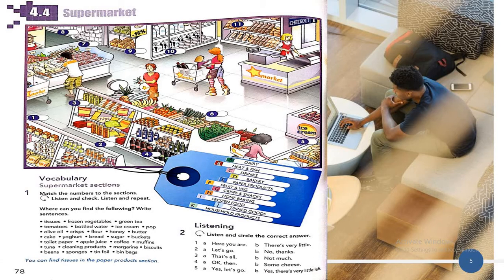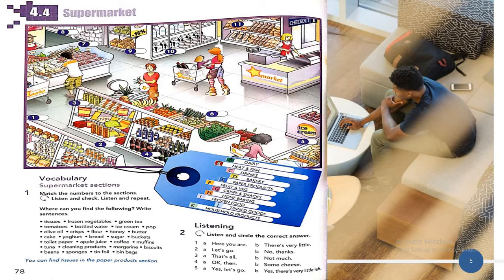Okay, so in this card here, we have the sections of the supermarket from A to K. So I will read these sections for you and try to match the numbers with the sections. So A, we have dairy. Please listen and repeat. Dairy. B, meat and fish.